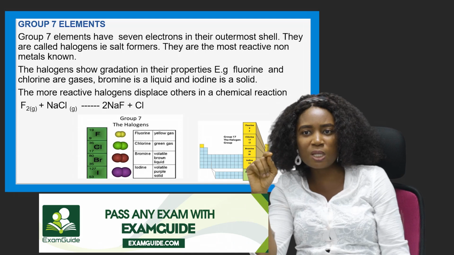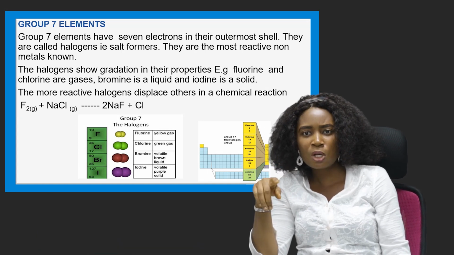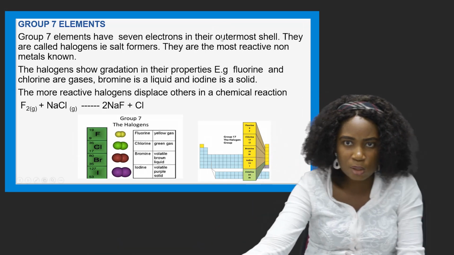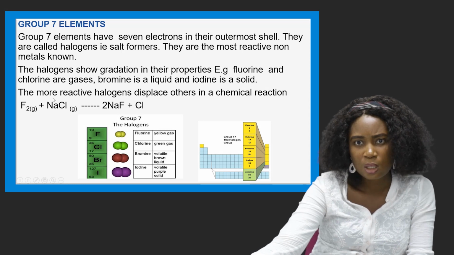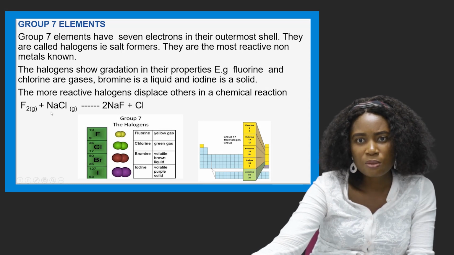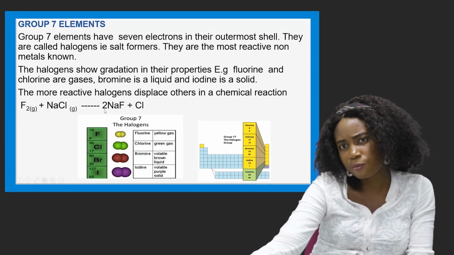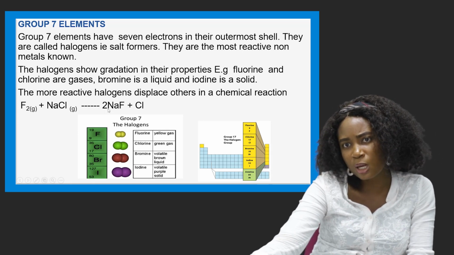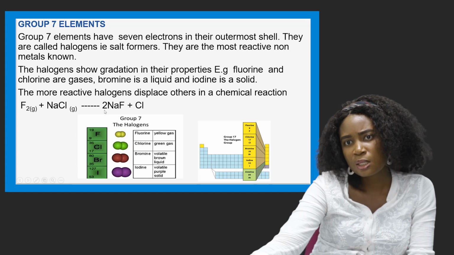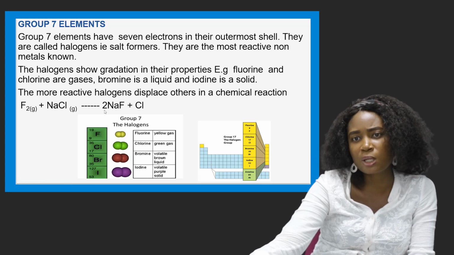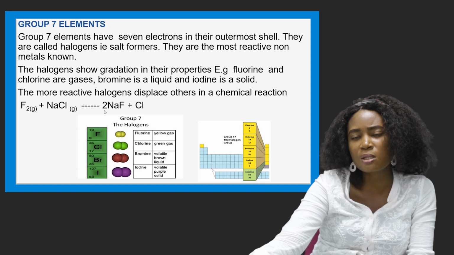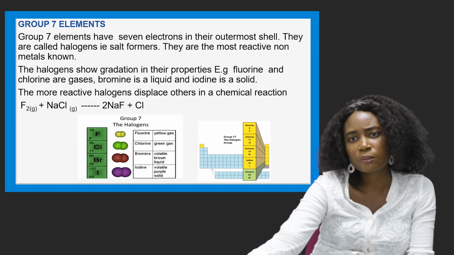Bromine is capable of displacing iodine in a chemical reaction. Let's look at this equation here. We have fluorine reacting with sodium chloride. Now we discover that fluorine displaced chlorine in sodium chloride, forming sodium fluoride and giving up chlorine.